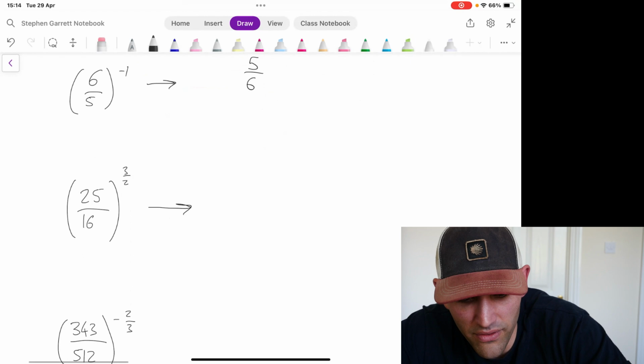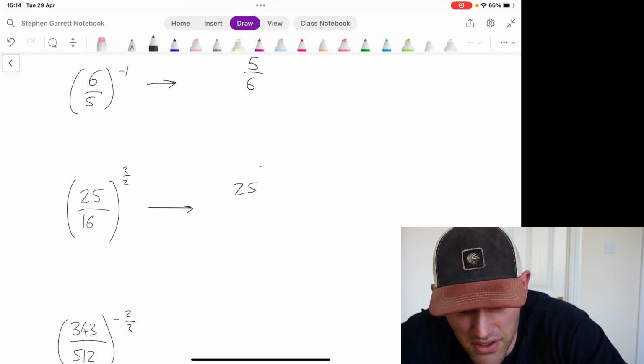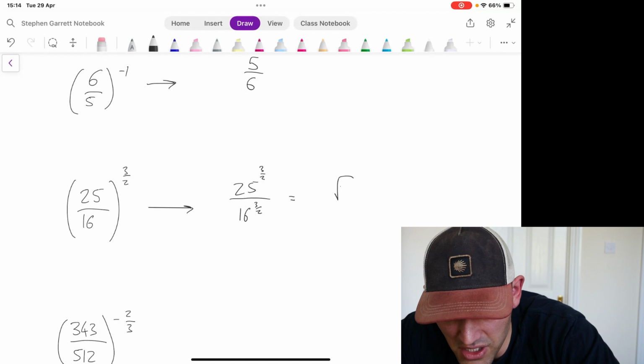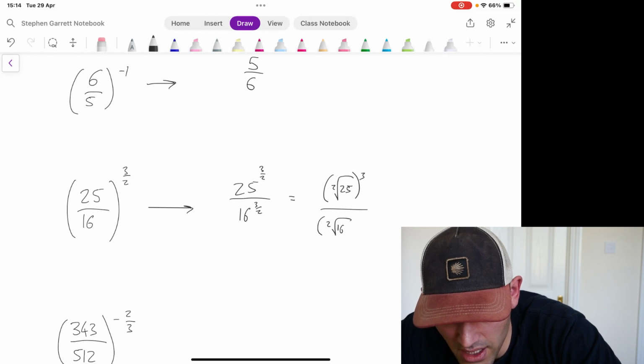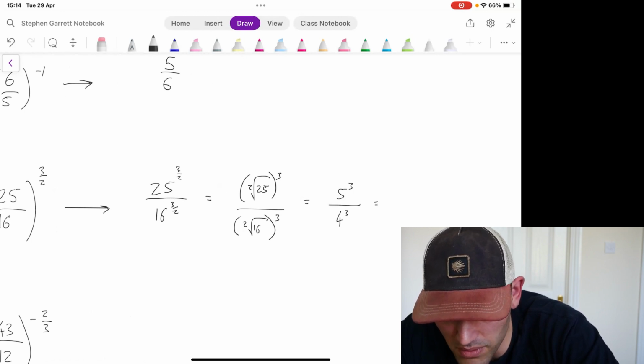Here we go, 25 over 16 to the power of 3 over 2. I can apply that power to the top and the bottom, so that's 25 to the power of 3 over 2 over 16 to the power of 3 over 2, which is the same as saying the square root of 25 cubed over the square root of 16 cubed. The square root of 25 is 5, so that's 5 cubed, over the square root of 16 which is 4, so that's 4 cubed.